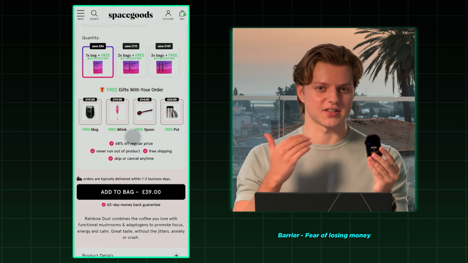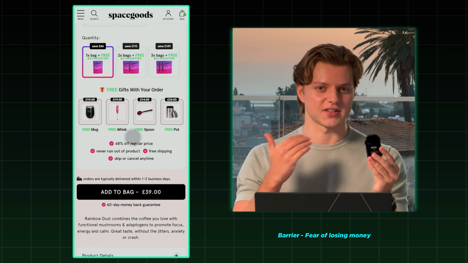The mug is costing £19, the whisk costs £19, the spoon costs £14, and the pot costs £24. And if you ask me, these seem like inflated prices. I surely hope a spoon does not cost £14. But anyways, it is up to them, considering that it's their spoon. So I'm guessing if you were to buy a spoon directly from Space Goods, then it would be £14.